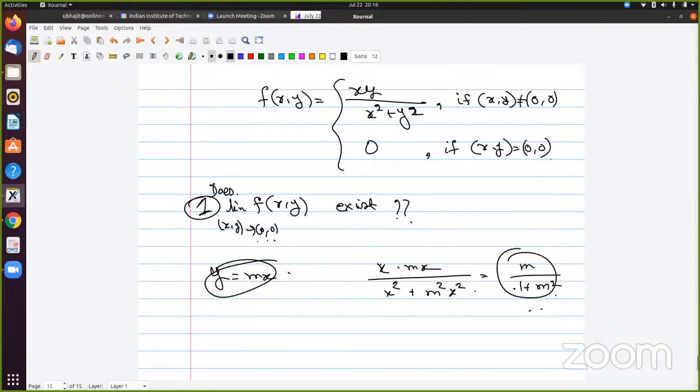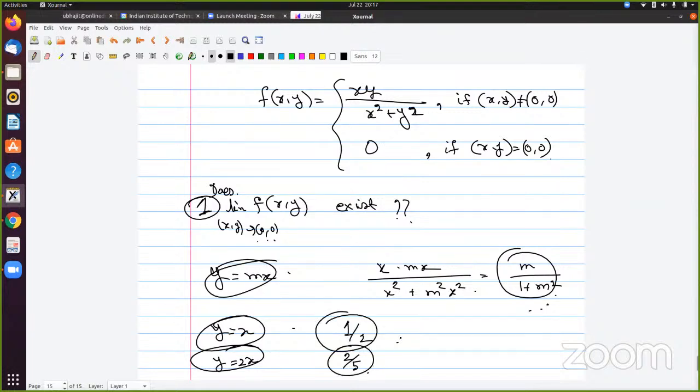So for different values of m, you will get different limits, right, when you are approaching 0, 0. If you take the y equal to x line, you will get half. If you take the y equal to 2x line and approach towards origin, you will get 2 by 5. So for different m, you will get different limits.